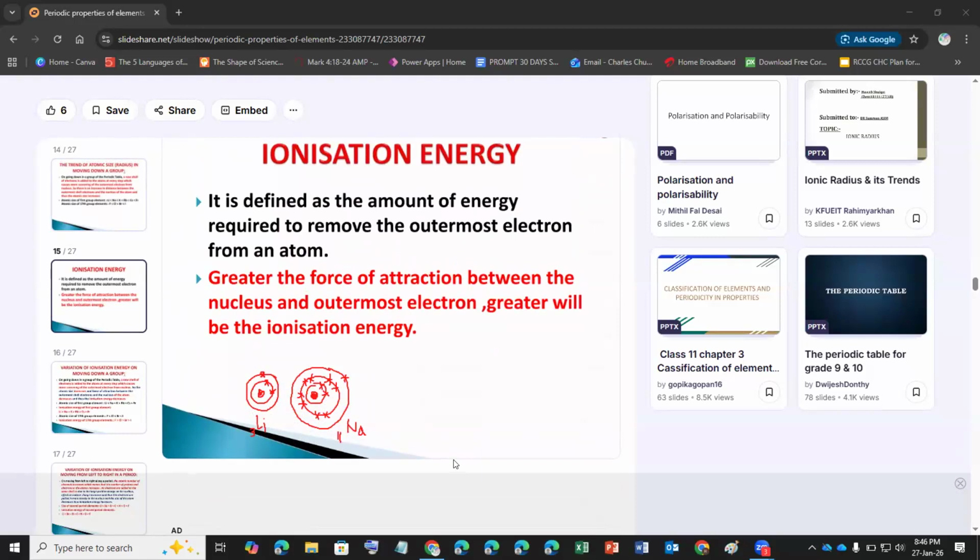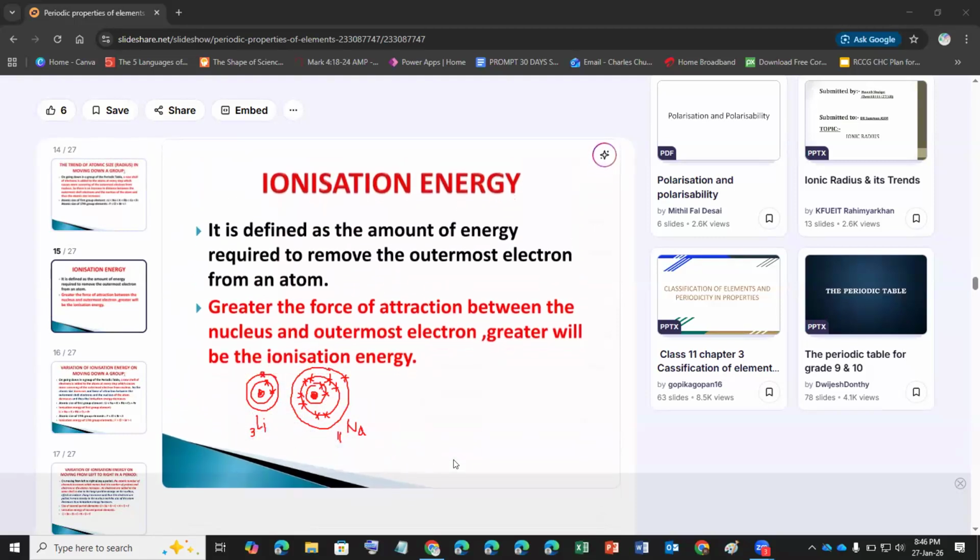Now, the question that I asked again, I want you to answer it correctly now. Between sodium and lithium, which one would need a higher ionization energy? Lithium. It's lithium. You know why? Because its outermost electron is closer to the nucleus than the outermost electron of sodium. So that's the reason why.